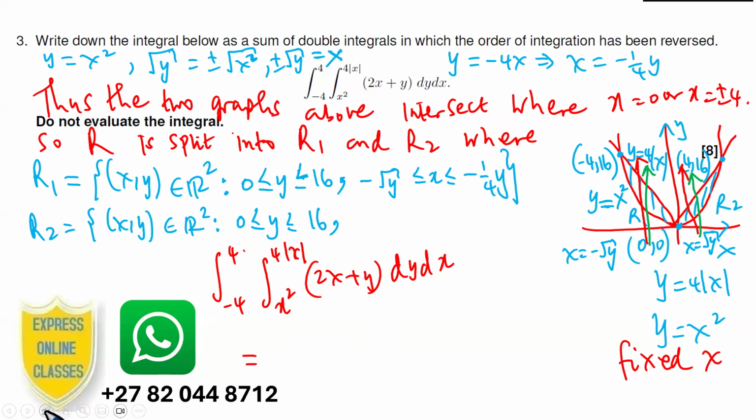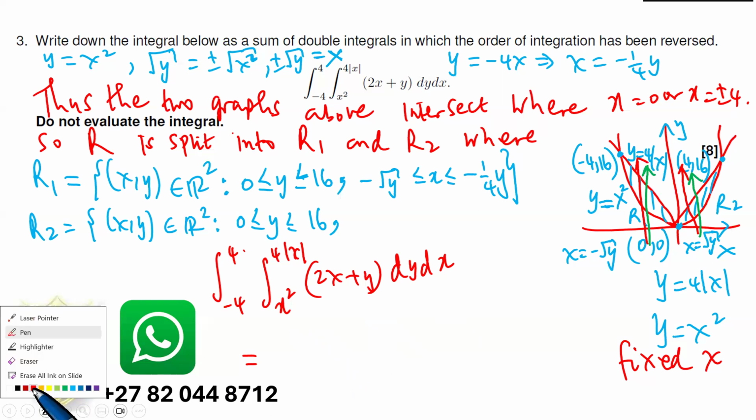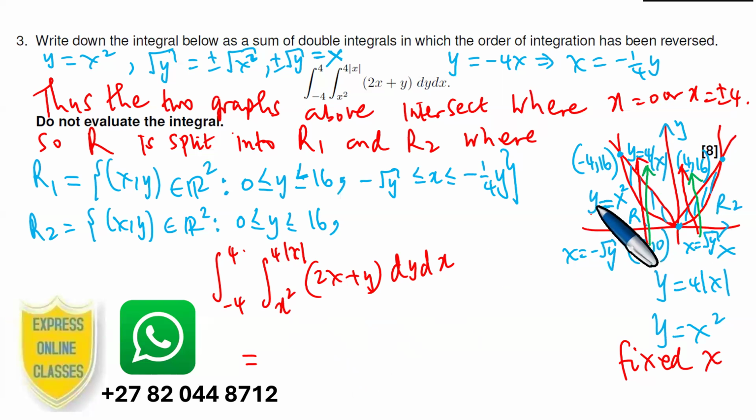Now, what we do is we then change the modus operandi. We change the language. We now look, because it was in the direction of increasing y, x is fixed. Now we're going to take the direction of increasing x, like this.